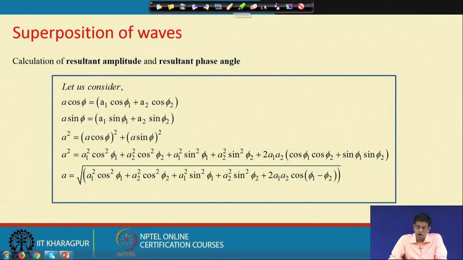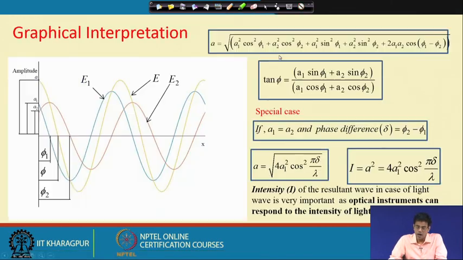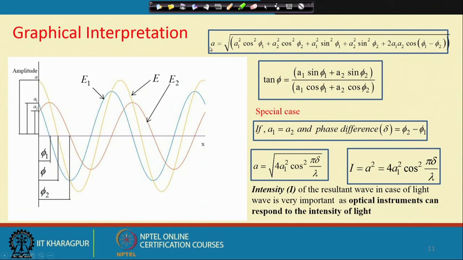This form is important for us, and we will see it when we discuss photoelasticity. So, this is the resultant magnitude, and this is the phase angle. So, tan phi is just this.